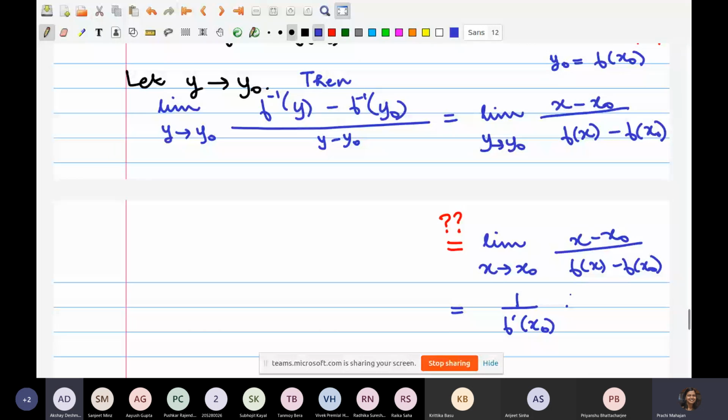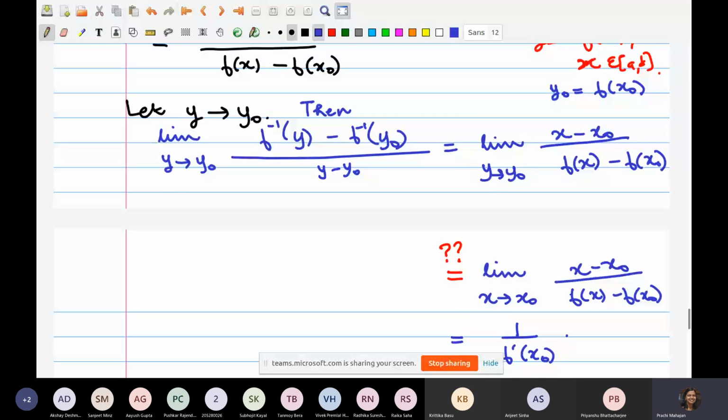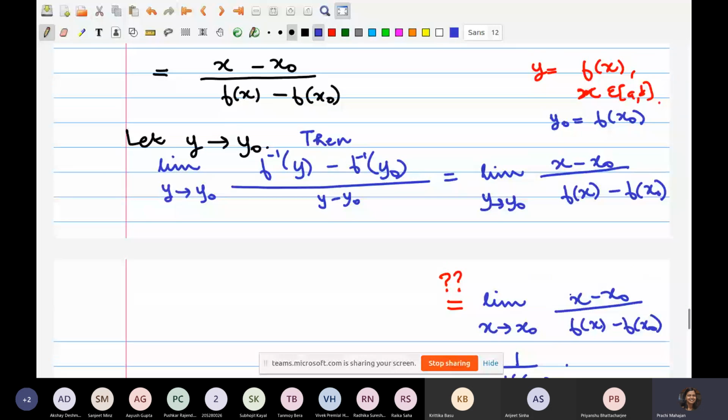Yes, ma'am. Now, how can we write the limit as y goes to y naught as the limit as x goes to x naught? So we would like to replace this limit y going to y naught by the limit x goes to x naught. Remember, y going to y naught means?